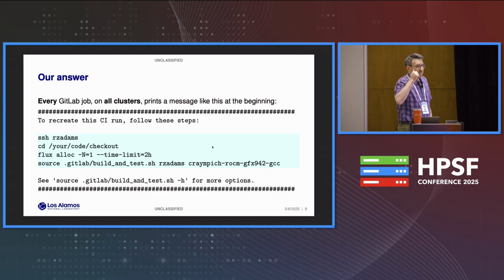It's basically go on the cluster, somehow get the code, and then depending on the system, here's the scheduler line that you have to run to get the same partition and the same type of compute node. And then there is this magic script at the very bottom that does all the Spack-specific stuff. Hopefully by the end of this talk, that magic line isn't very magic anymore.